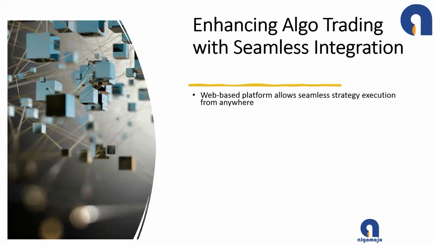But for the initial setup, when you're trying to do the integration, always use a larger screen, which will be useful and easy to handle. You can use any browser, it could be Edge or Chrome or Brave or Firefox, and you will get access to all the features and facilities that Algomojo brings in.